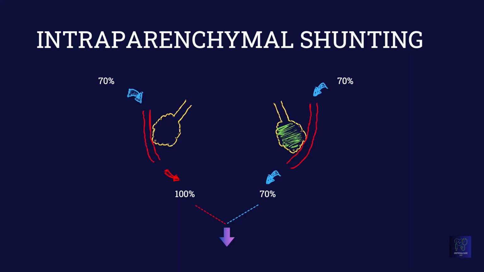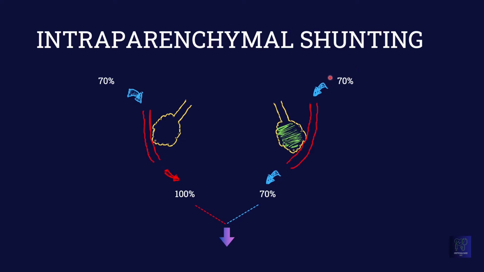Let's understand shunt physiology, starting with the intraparenchymal shunt. This is a normal alveolus where deoxygenated blood is being richly saturated with oxygen, and blood returning to the venous side has 100% oxygen. Let's say this alveolus has pneumonia, it's filled with pus, so it's not participating in any gas exchange.